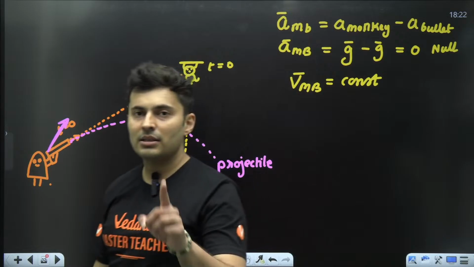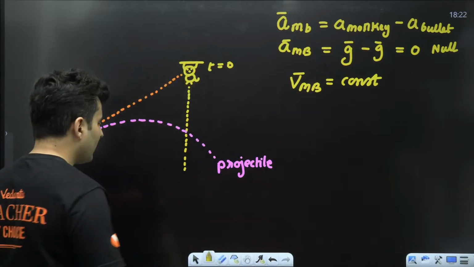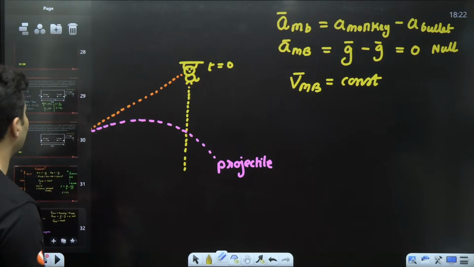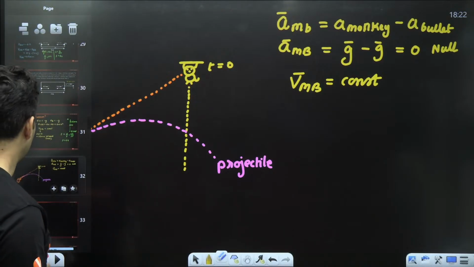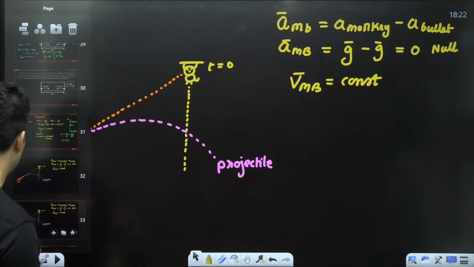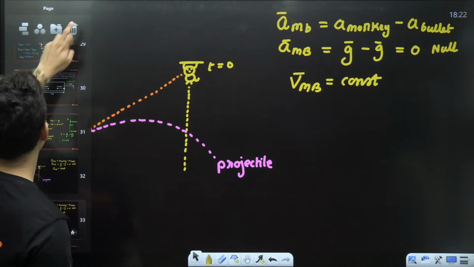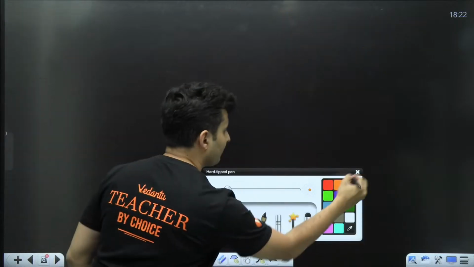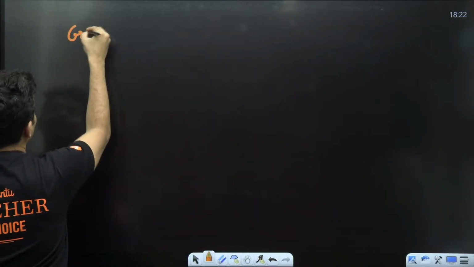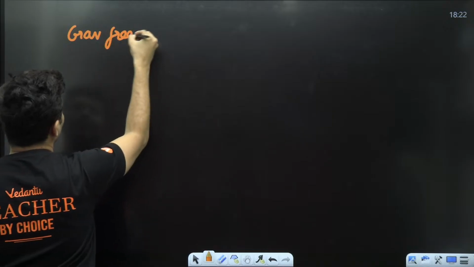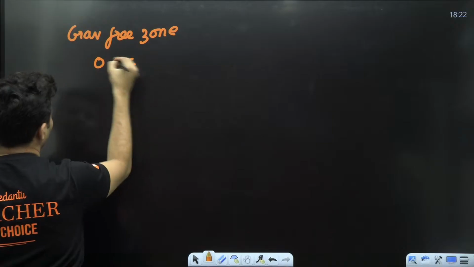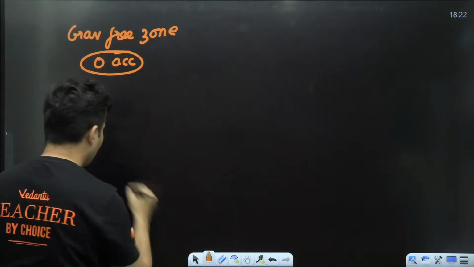Oh, interesting. The relative velocity is constant, which just means, imagine a gravity free zone, zero acceleration.